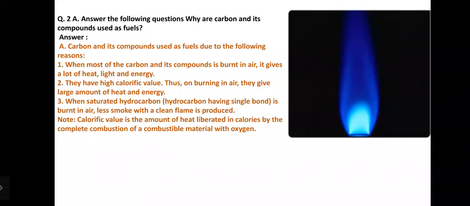Therefore, carbon compounds are used as fuel because they give heat, light, and energy, have a high calorific value, and also do not produce smoke.